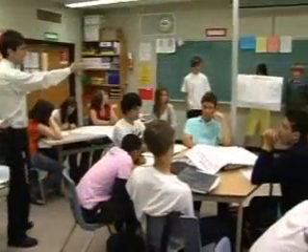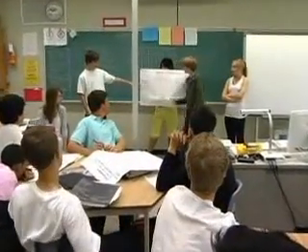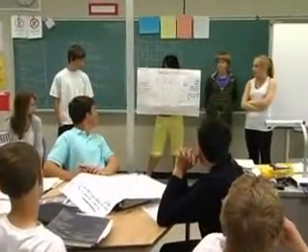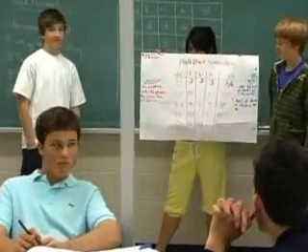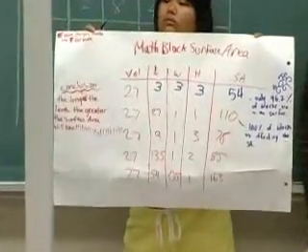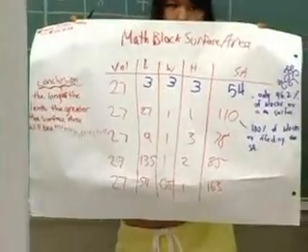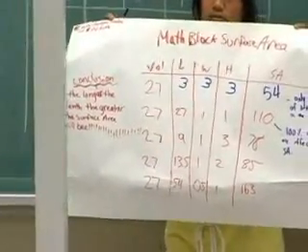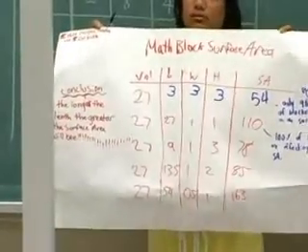So can everybody just direct their attention to the front again and take a look at their concluding statement? Read that to yourself just one time quick. It says the longer the length, the greater the surface area will be. That kind of statement sounds a lot like a relationship statement from previously in the course with us, right? It sounds almost like a correlation kind of statement, right? As the length gets greater, the surface area will be, right?